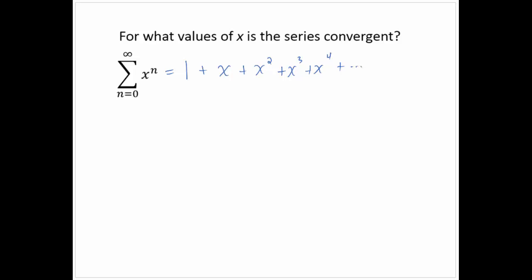Now notice that this is actually a series we've seen before. This is a geometric series. It's a geometric series with r equal to x. We're just multiplying by x to get from term to term of the series.